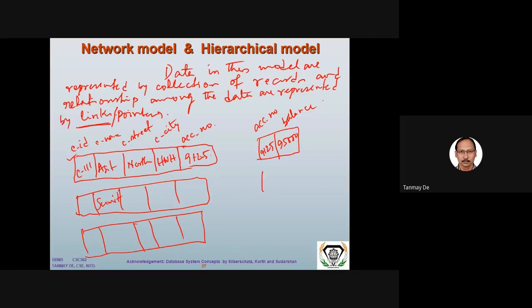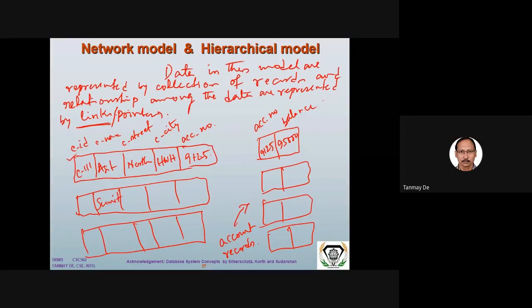Similarly, other account records are there. These are the account records, and these are the customer records.